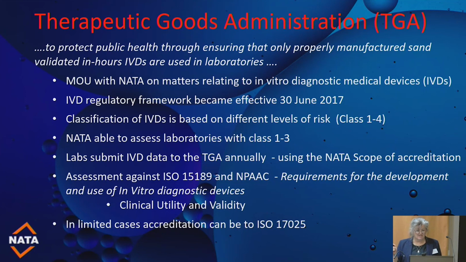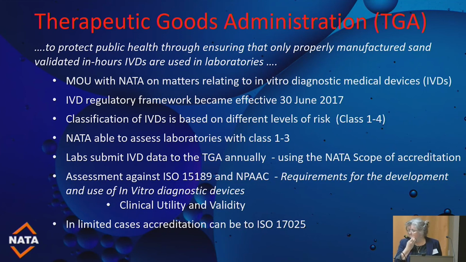So with the TGA, new IVDs have to be assessed against 15189, and the requirements for the development of in vitro diagnostic testing, clinical utility and validity, which come up in that document, are really vital for some of these tests. I mean, some of the tests, like the wellness tests, can they display clinical utility and validity?